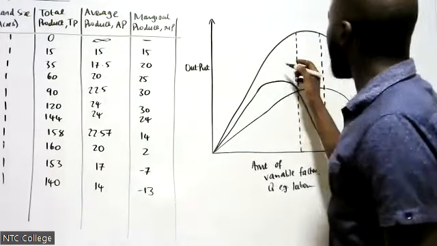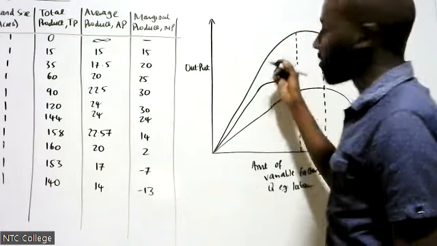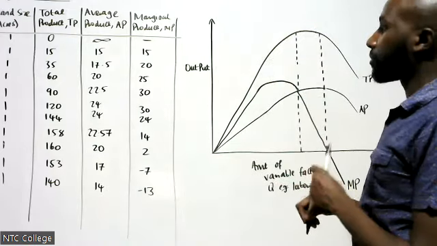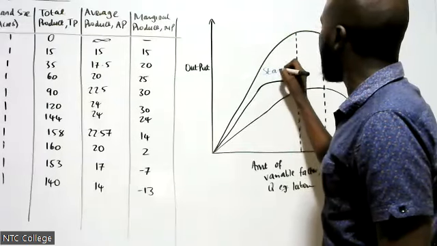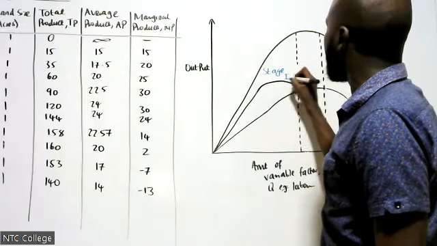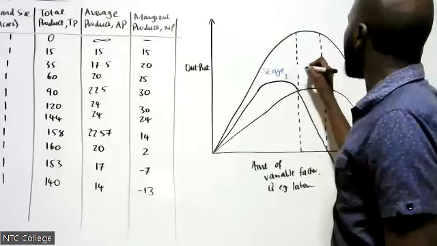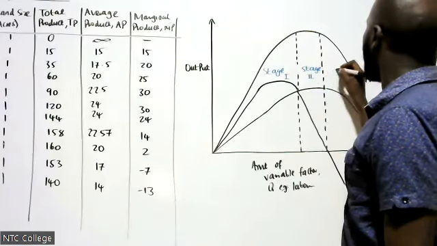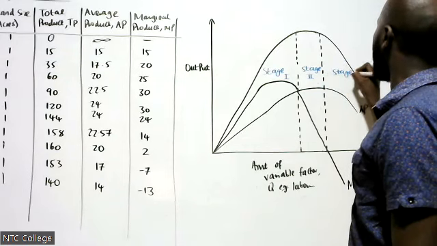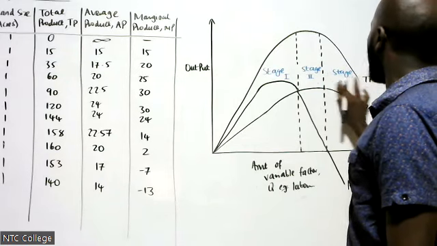From all of these, you can see three things are coming up. What I basically wanted to explain is the three stages of production. So we have stage one here. We have stage two here. We have stage three. So we have three.